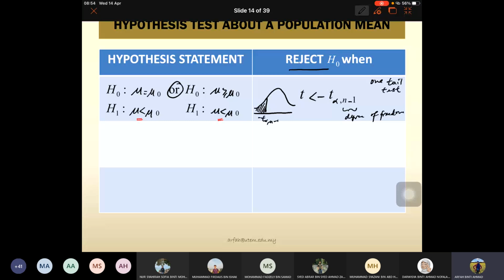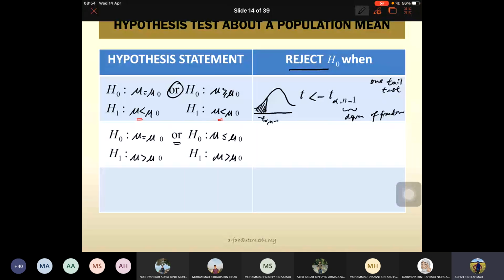Okay. Then kita akan ada H0: mu equal to mu naught versus the complement, which is mu greater than mu naught.